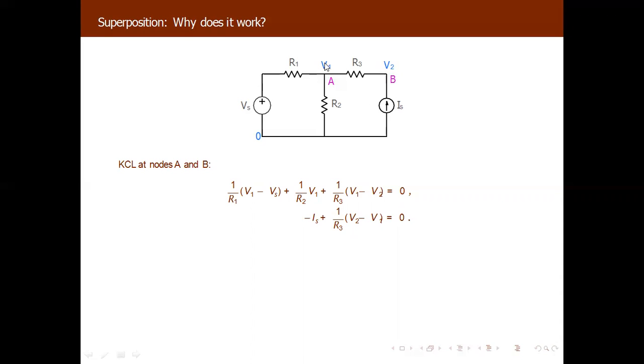So for R1, V1 minus 0 upon R1. Here we are considering 0, but here we are having the supply voltage. So you can take V1 minus Vs minus 0 upon R1. So our equation will become V1 minus Vs upon R1.